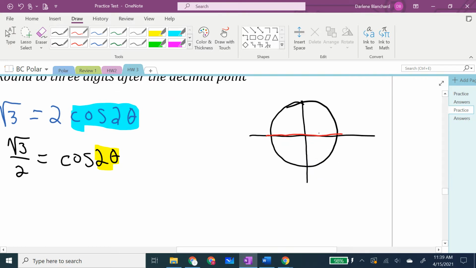The three special numbers are 1 over 2, root 2 over 2, root 3 over 2. So it is the third one of the 3, and that takes us to only a pi over 6 of a turn from 0. You can also look at this as negative pi over 6, but I'm going to put 11 pi over 6 down.